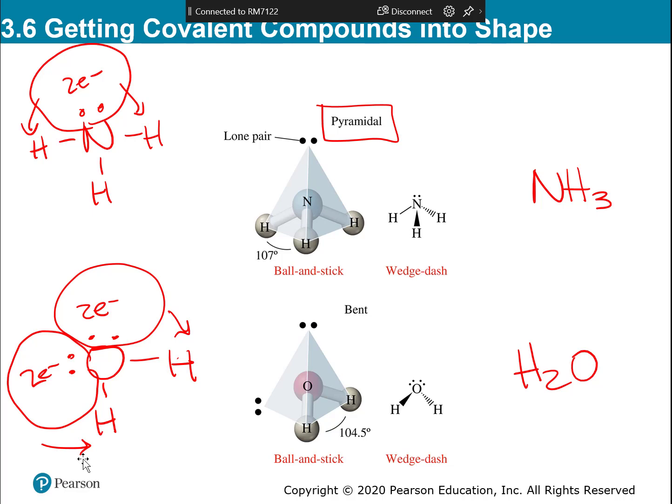This is why, in water, those hydrogens don't go straight across. They end up looking like this because the electrons repel, pushing them and creating a bent shape. So that's why whenever you see water molecules, they always look like this. They never draw them straight across. They always give them a little bend. It's all just because of those non-bonding electrons. So that's kind of why we've kept track of non-bonding electrons as we've gone along.